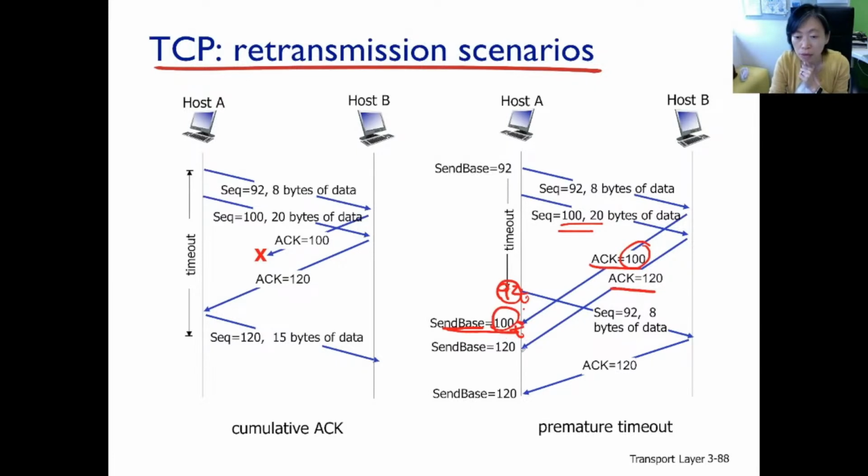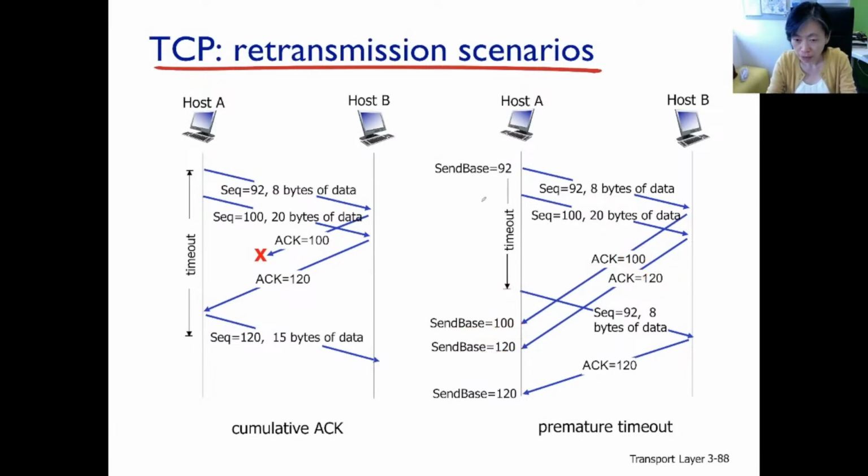When ACK 120 arrives here, we need to change the send base because it was previously 100, and Y is 120, bigger than 100, so change the send base, slide the window over. Do we stop the timer or restart the timer? Well, there's no more outstanding packet because there are no more calls from above. So, stop the timer right here.